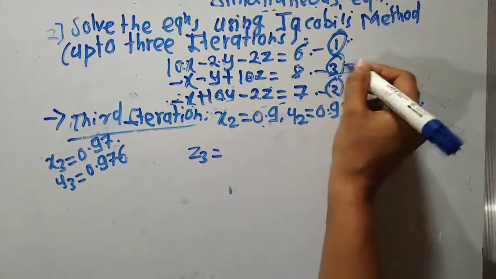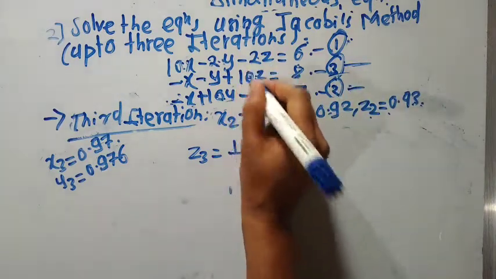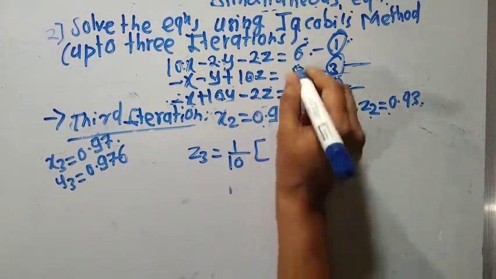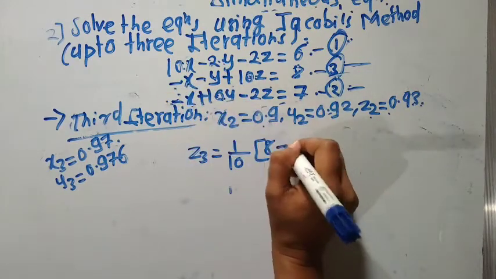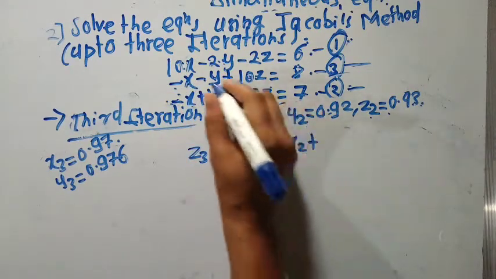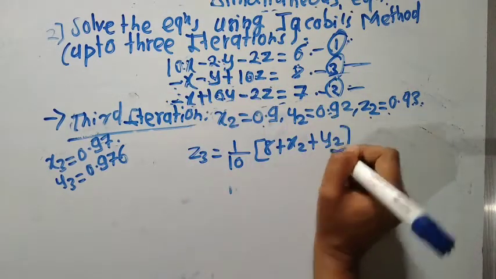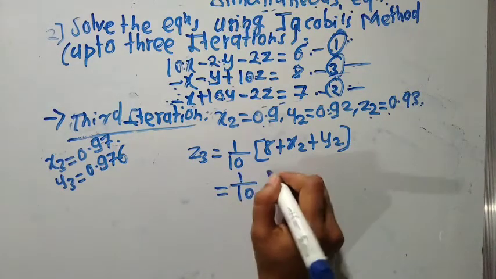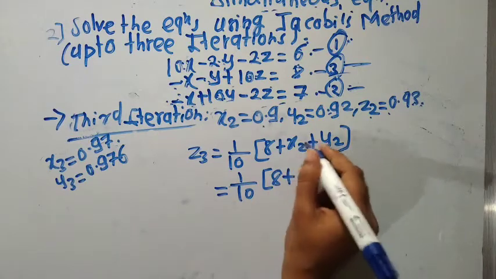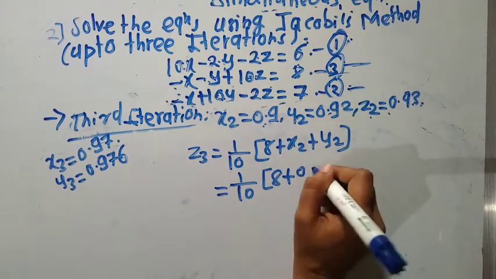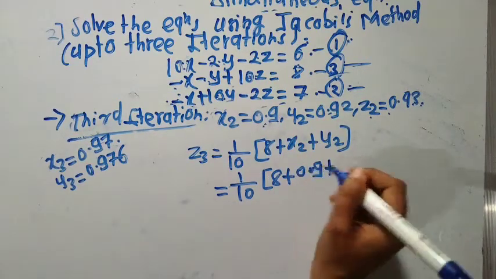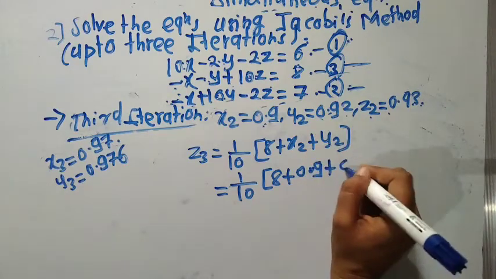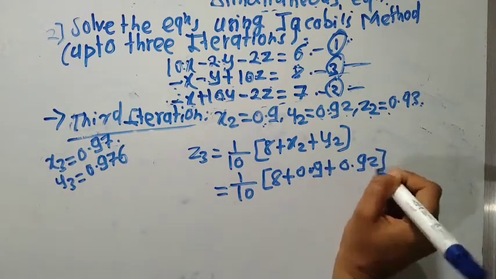Then find out z3 using the third equation. So 1 divided by 10, 8 plus x2 plus y2, which is equal to 1 divided by 10, 8 plus x2 means 0.9 plus y2 is 0.92.